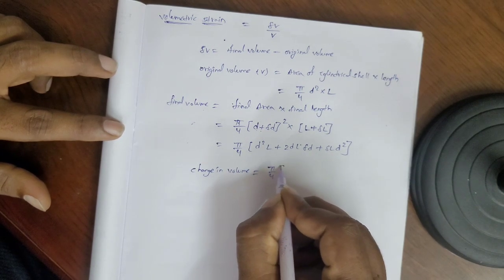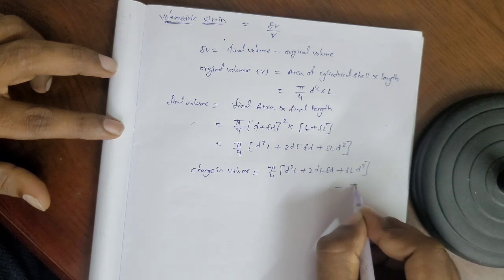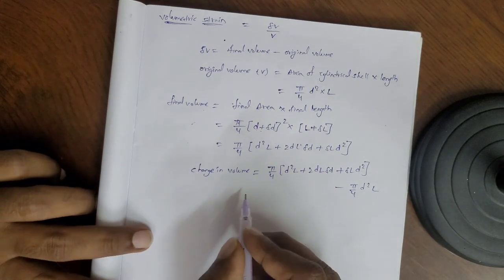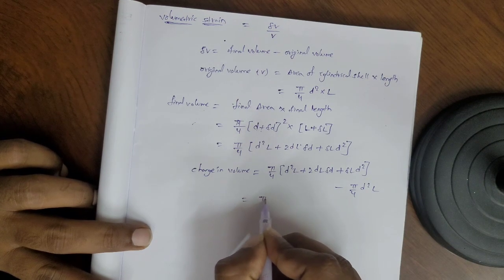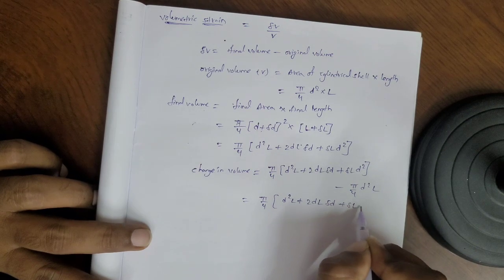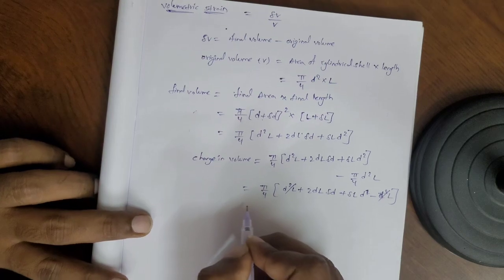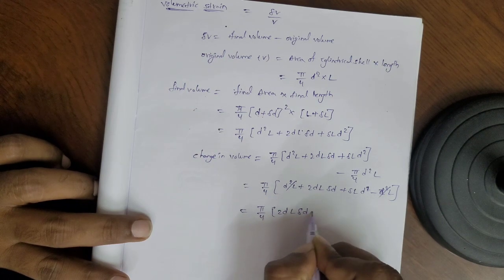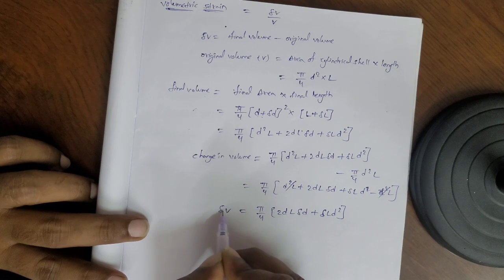Here the final volume is pi by 4 d square L plus 2dL delta d plus delta L d square, minus pi by 4 d square L. By simplifying this, we can take pi by 4 common: d square L plus 2dL delta d plus delta L d square minus d square L. D square L cancels, and we get pi by 4 into 2dL delta d plus delta L d square. So this is change in volume delta V.